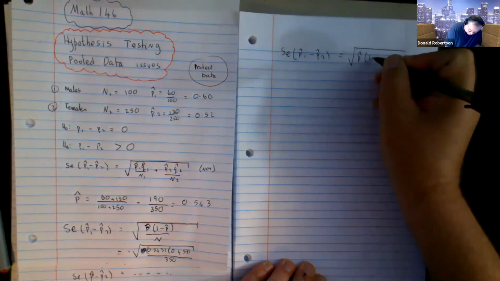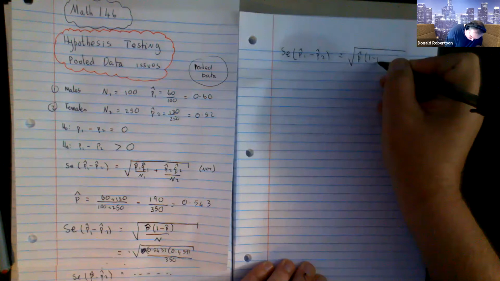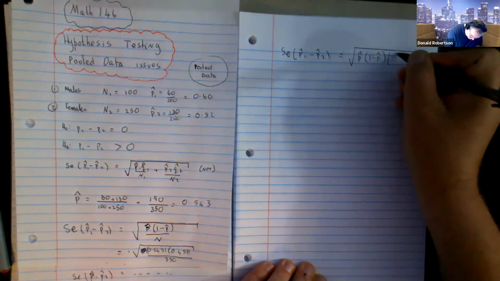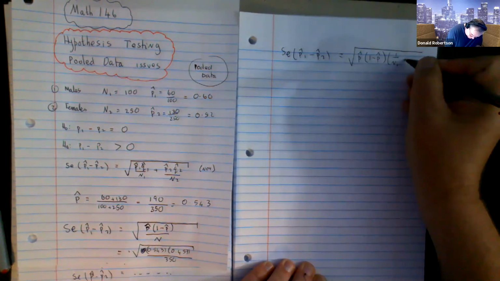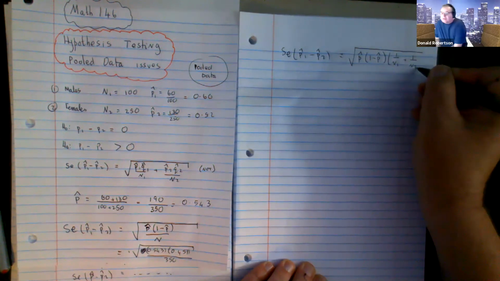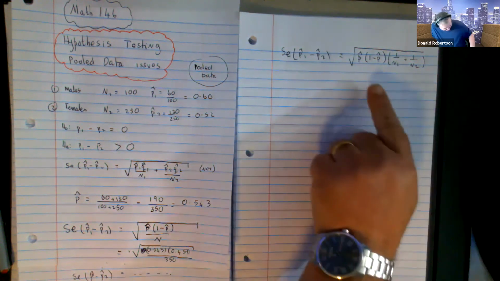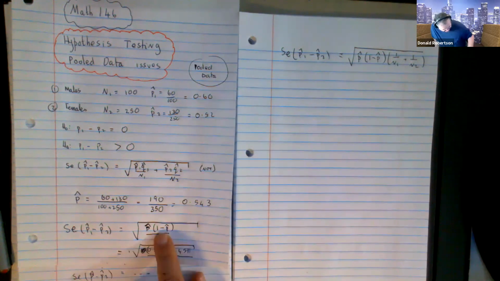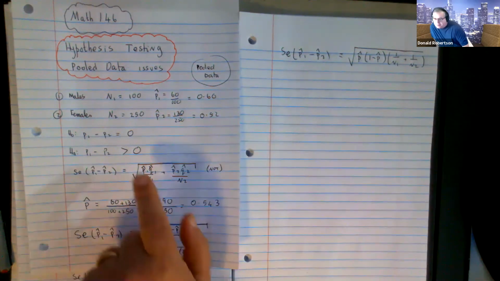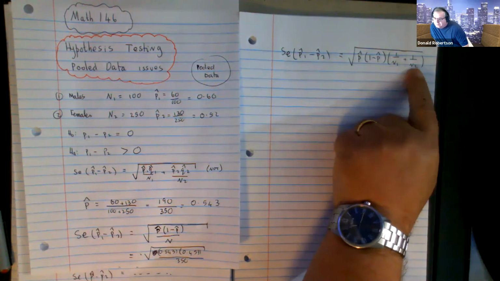P1, one takeaway P1. With that guy, that's just an adaptation, right? That's another way of finding the standard error for the difference between two proportions. Now look at it. It's got the p and the p hat, just as I had, but you don't divide by the total. You multiply by this guy.